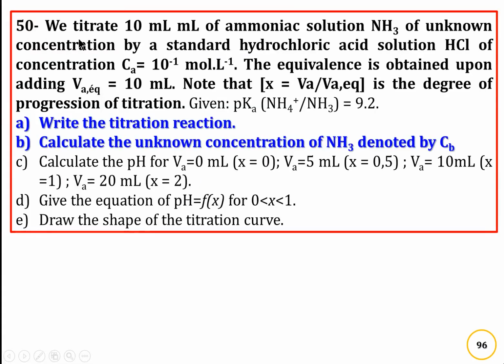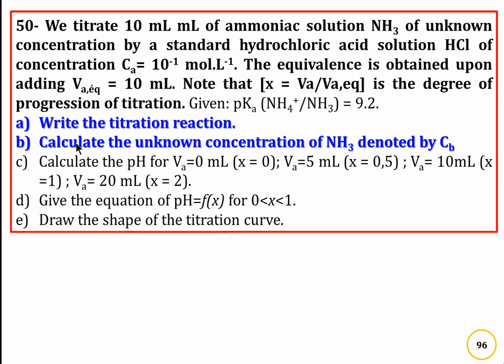Exercise 50, we titrate ammonia solution NH3 by hydrochloric acid HCl of concentration Ca. So we have practically the same method of work as exercise 49, but in this case the base NH3 is in the beaker and the acid HCl is in the burette.